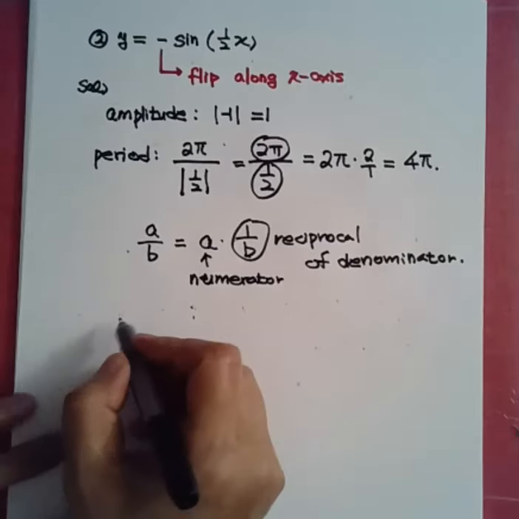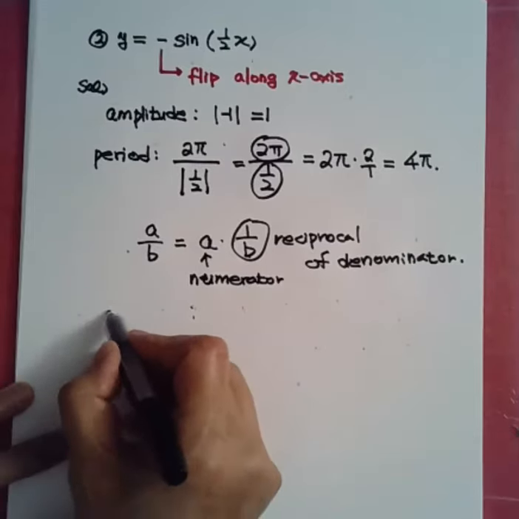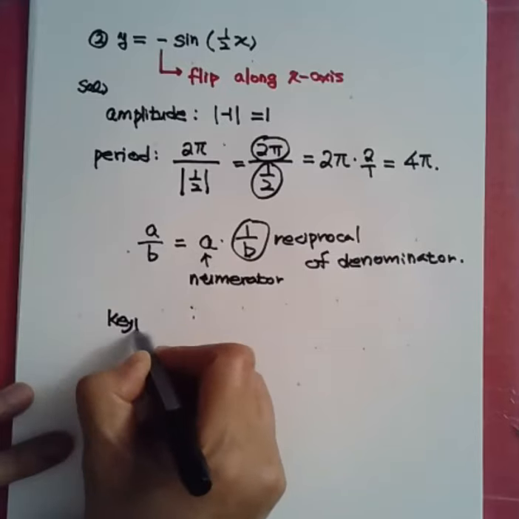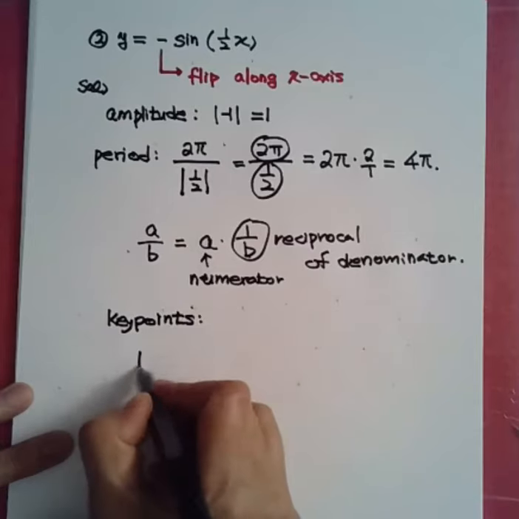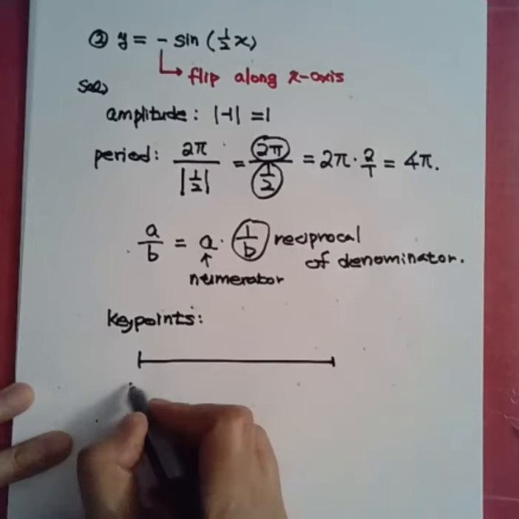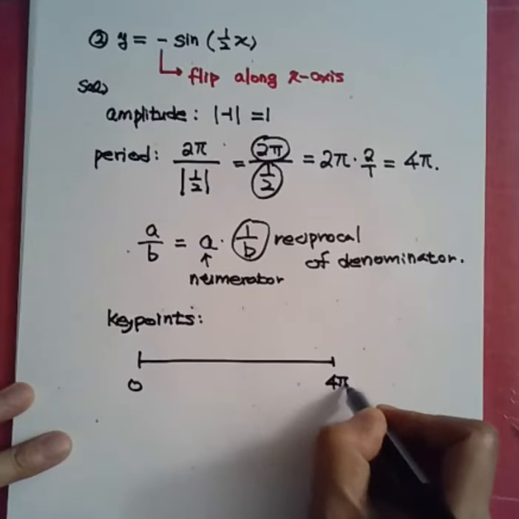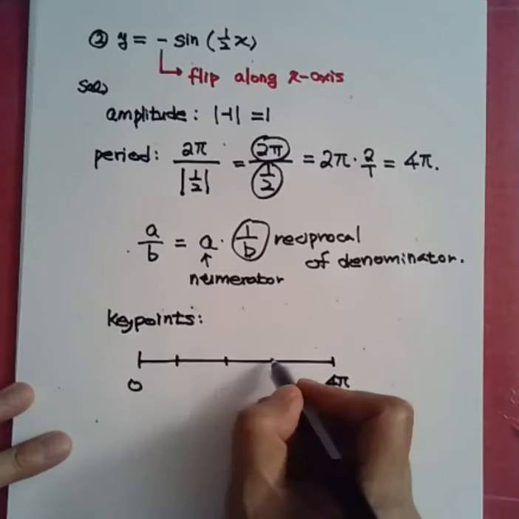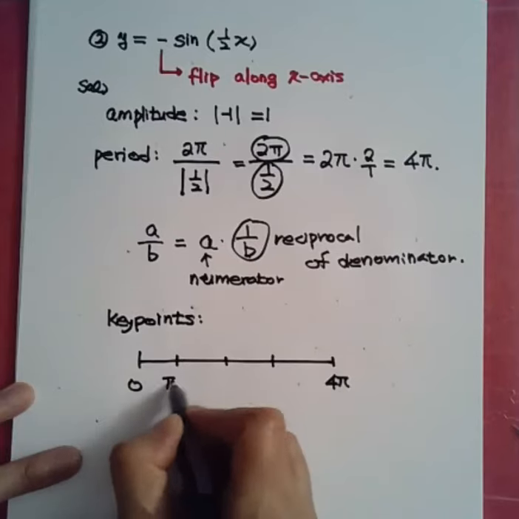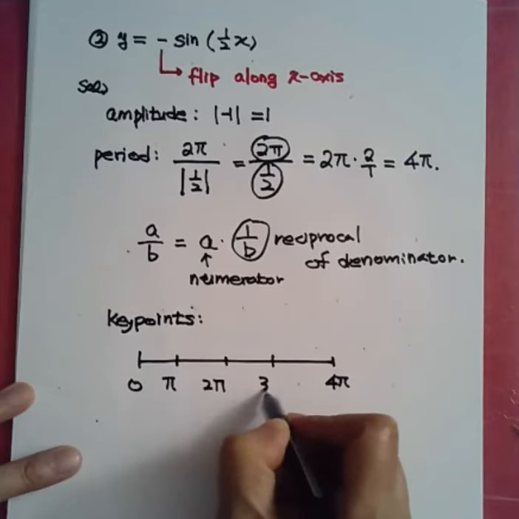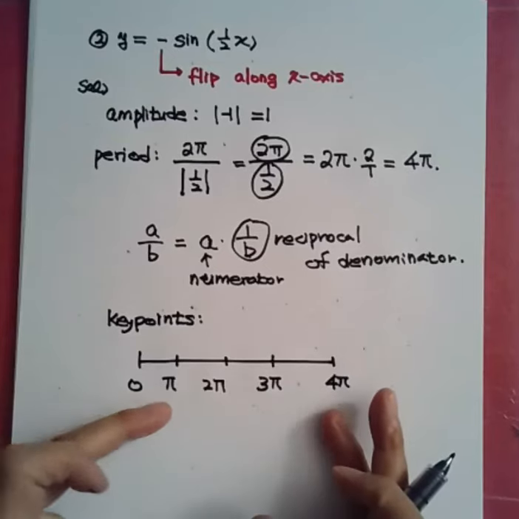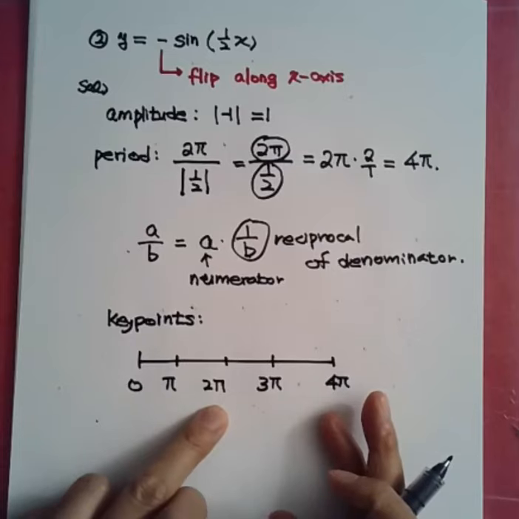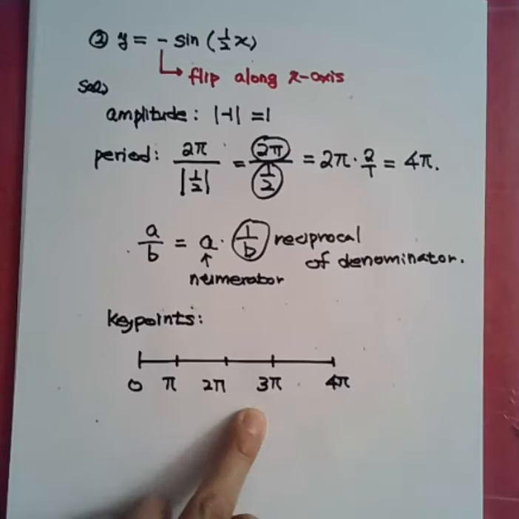We have period 4 pi, so the key points will be pi, 2 pi, 3 pi, 4 pi, obviously, because 1/4 of 4 pi is pi, half of 4 pi is 2 pi, and 3/4 of 4 pi is 3 pi.